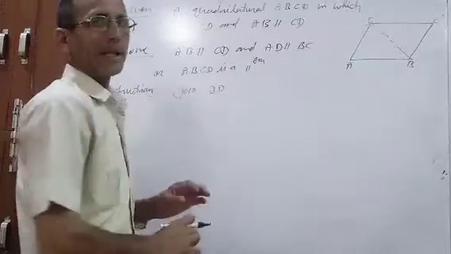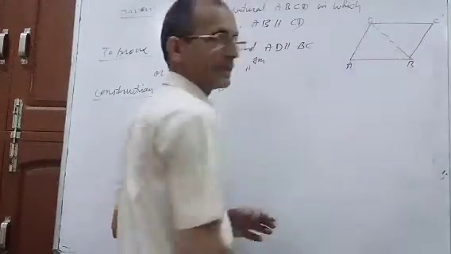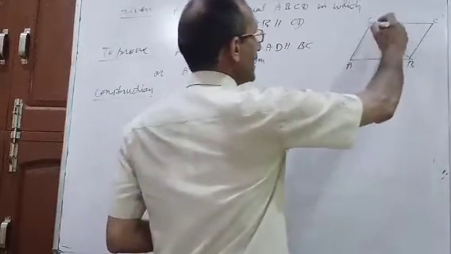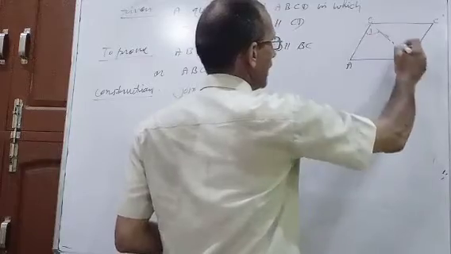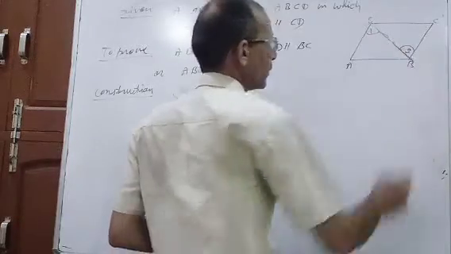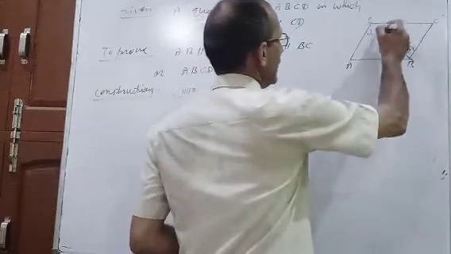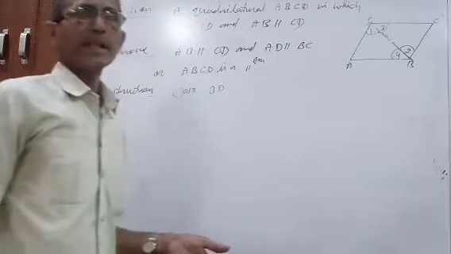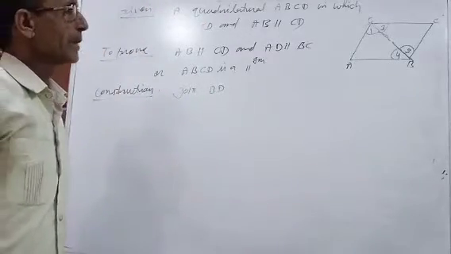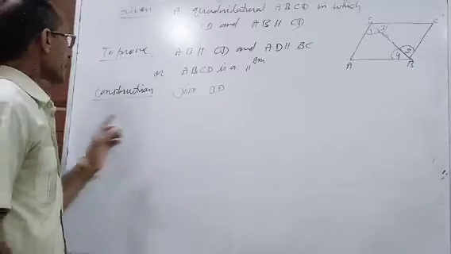If two parallel lines are there, because this side is parallel to this one, then alternate interior angles will be equal. It means angle 1 will be equal to angle 2 and angle 3 is equal to angle 4. Any doubt, any confusion? Because now the proof.